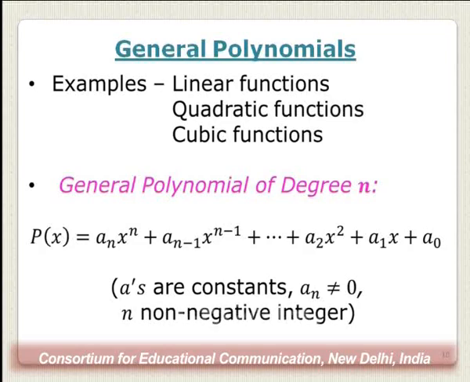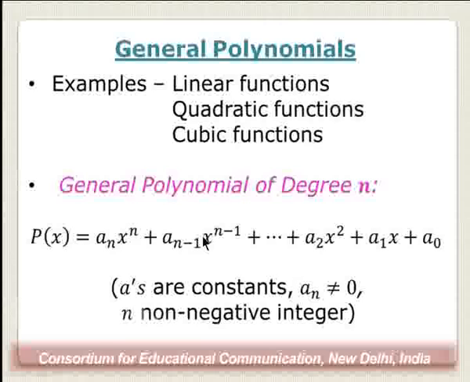Now, whether we talk of linear functions or quadratic functions or cubic functions, these are all examples of polynomials. A linear function is a polynomial of degree 1, a quadratic function is a polynomial of degree 2, and a cubic function is a polynomial of degree 3. In general, we can define a polynomial of degree n, represented as p of x, which is given by a sub n times x to the power n, and here we'll assume that n is a non-negative integer, strictly greater than 0.